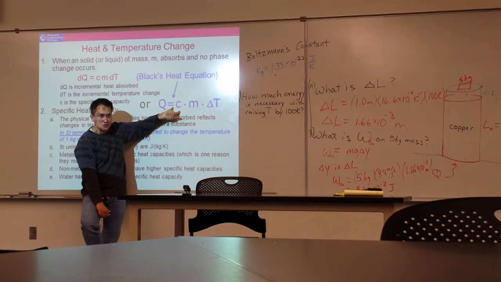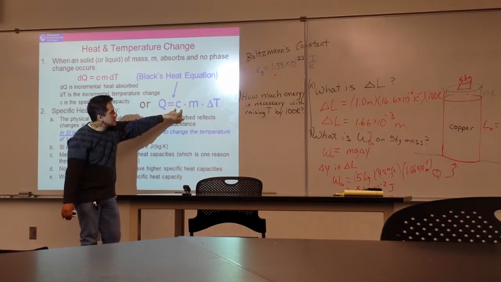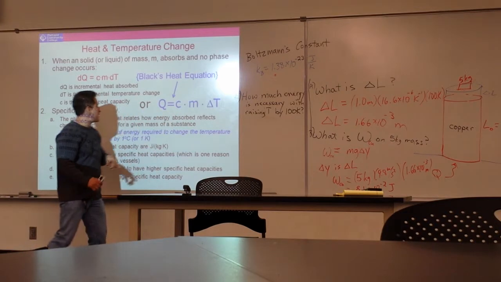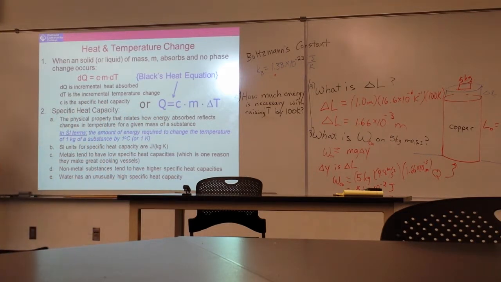It takes more energy to warm up water than it does to warm up the pan, pound for pound. So this quantity, which we call C, is referred to as the specific heat capacity. It's the energy per unit kilogram per Kelvin of temperature change.